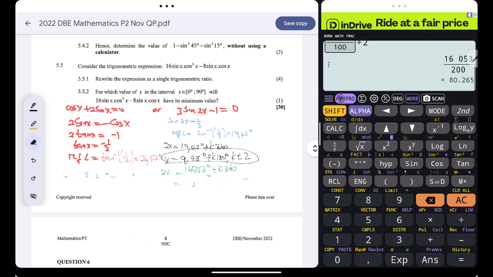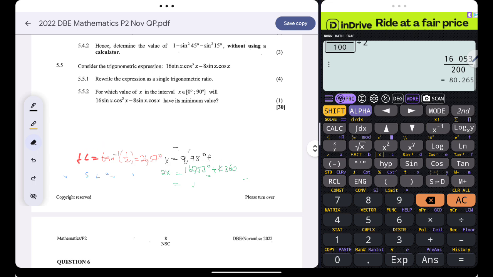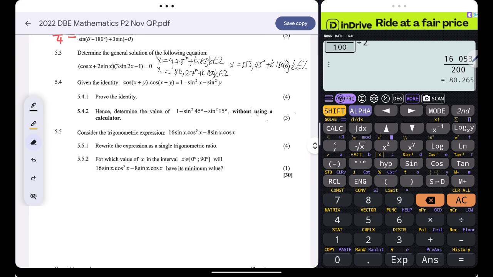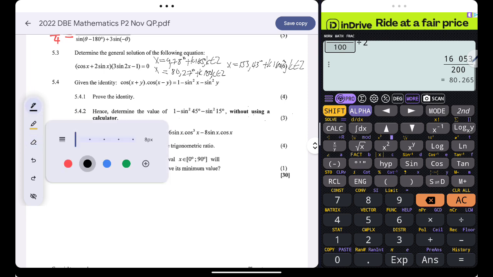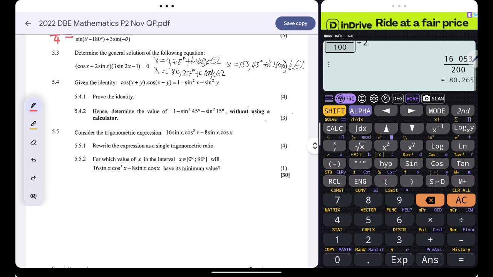Let's move forward. Let's prove the following identity. We are given the left hand side here. Our duty is to show that the left hand side is equal to the right hand side, right? So all I need to do is to just simplify the left hand side.